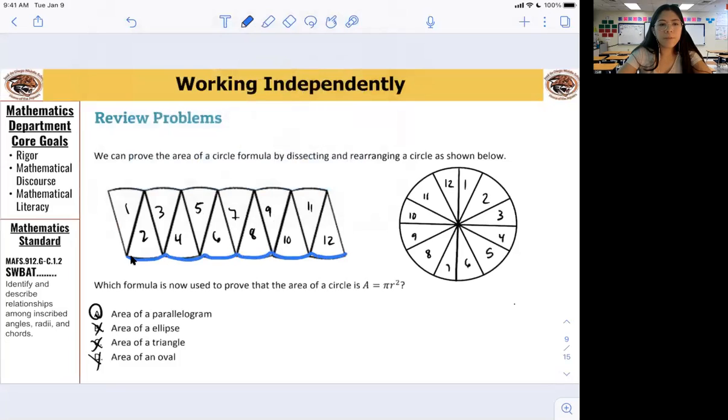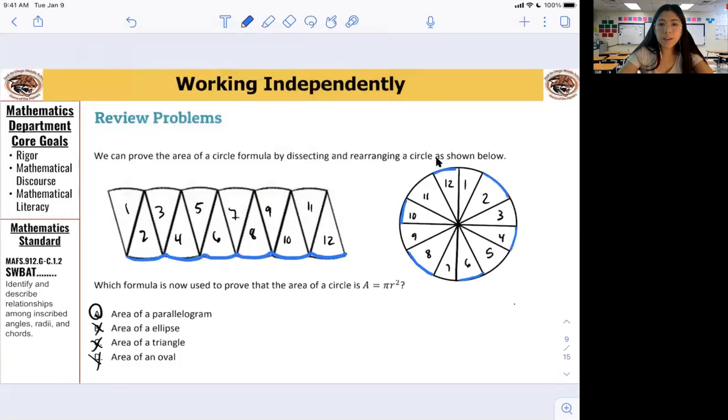If you think of these blue parts as the crust, how many crusts do I have on the bottom? 6, right? I have the crust from number 2, from number 4, from number 6, from number 8, 10, and 12. Okay? So it's half of your pie, half of the whole pizza.